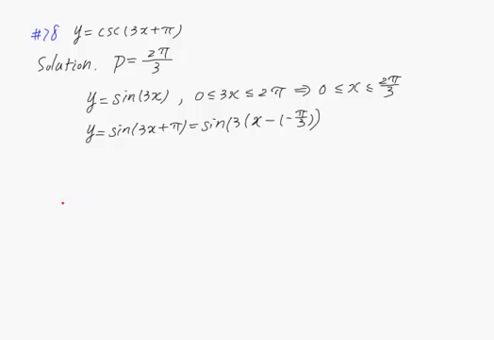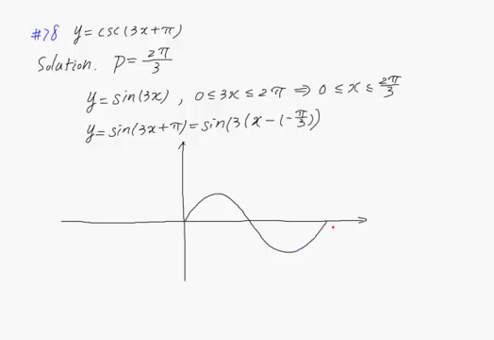So let's first get the graph of y equal to sine of 3x. So this is 2 pi over 3, and this is pi over 3.